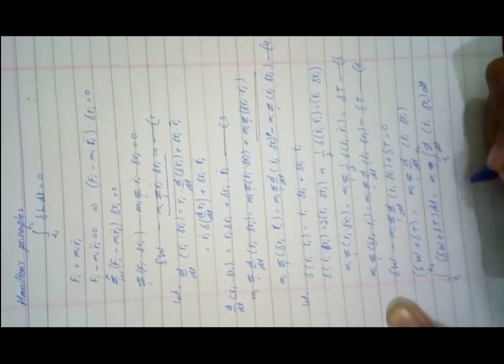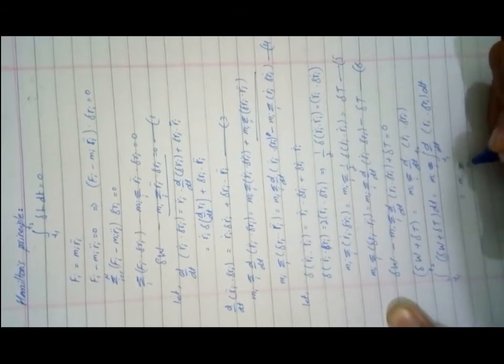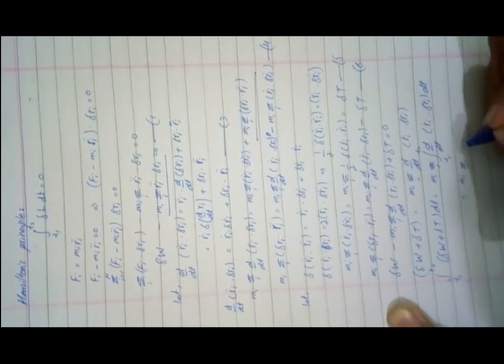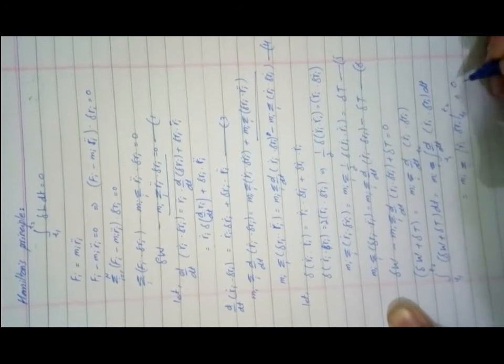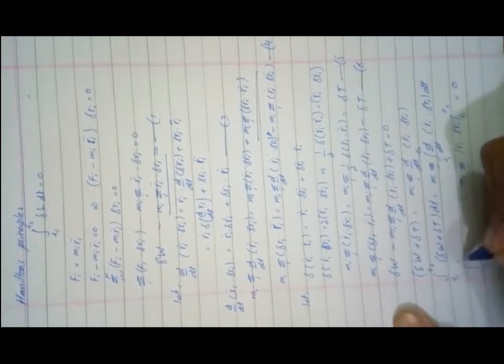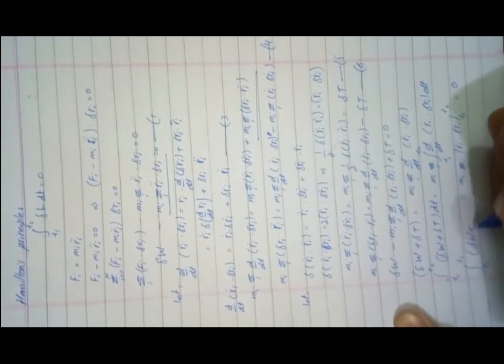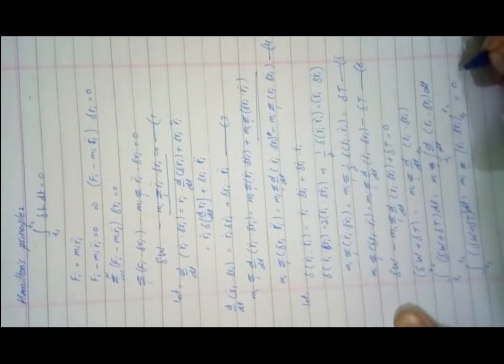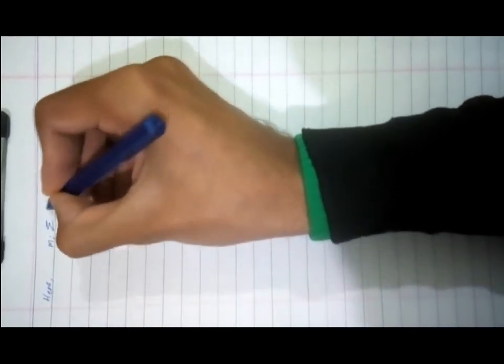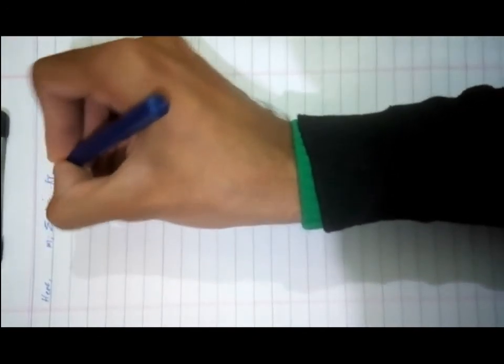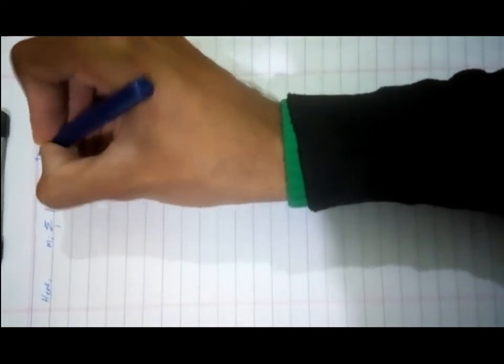We will have summation i mi ri dot del ri with limits t1 to t2 equals 0, and here we have the integral from t1 to t2 of (del W plus del T) dt, say equation 7. Here summation mi ri dot del ri from t1 to t2 equals 0, but how?